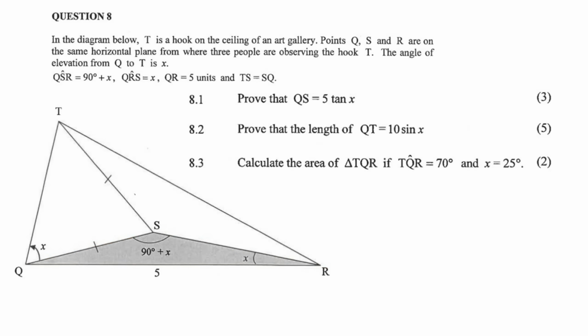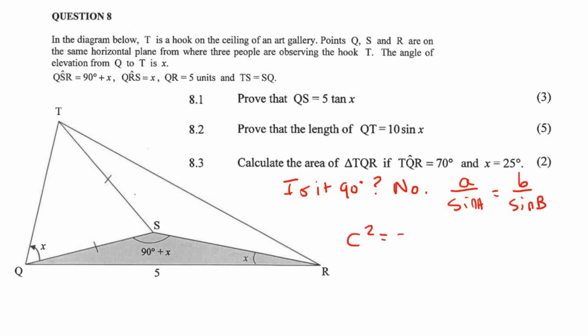Then I ask myself, is that a 90-degree triangle? So is it a 90-degree triangle? The answer is no. So then the only formulas that I can actually use would be the sin formula, or the sin rule. You can also write it the other way. You can put the sin A at the top. And the other formula that I can then use if it's not a 90-degree triangle would be this one.